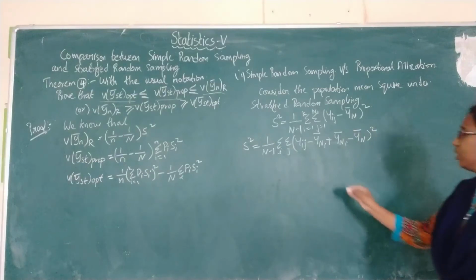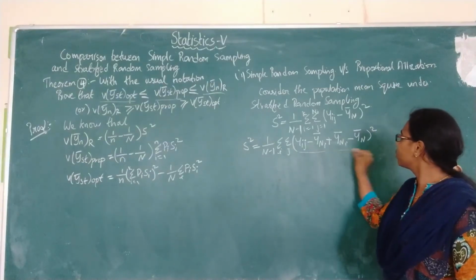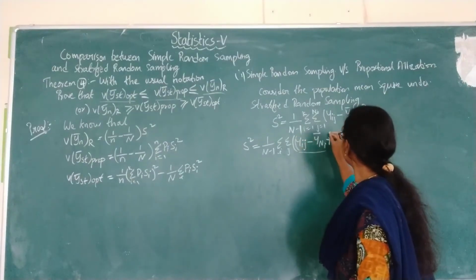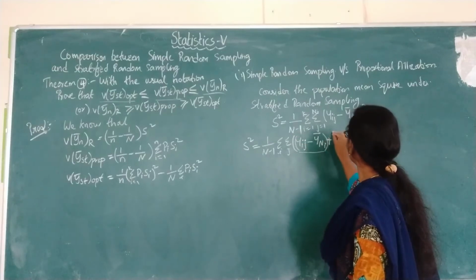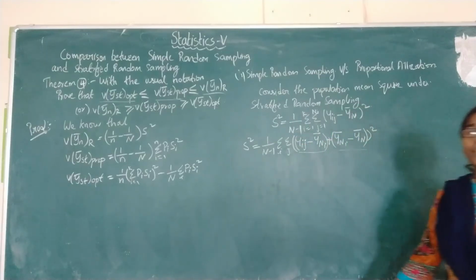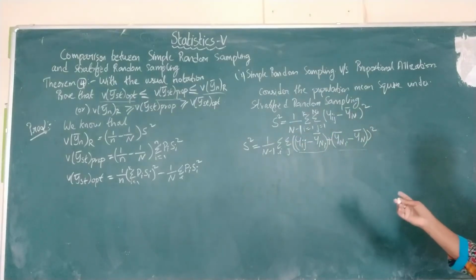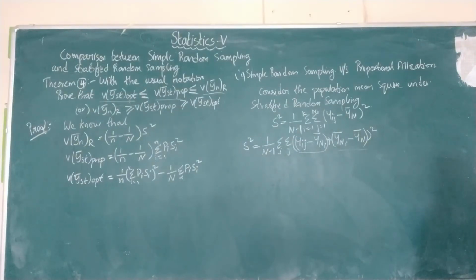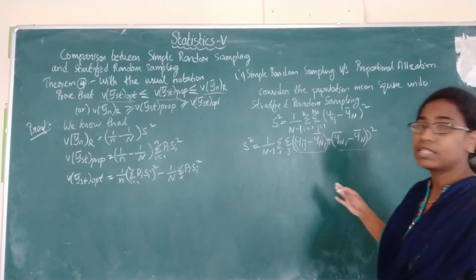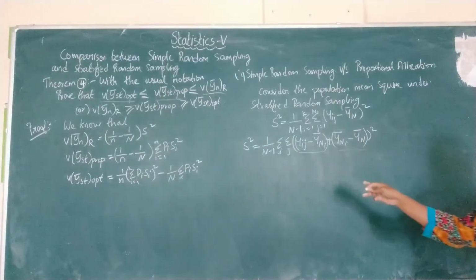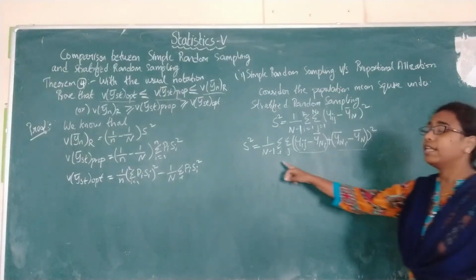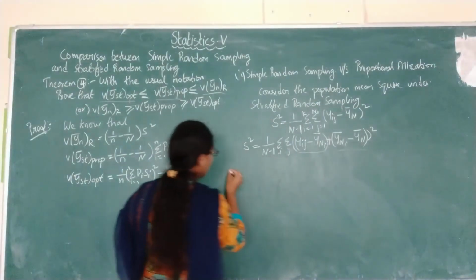Now take this as two terms: this is the first term and this one is the second term. If you observe, this is in the form of (a + b)², so expand it, you will get a² + b² + 2ab. Multiply the double summation inside and send the n − 1 to the left side.